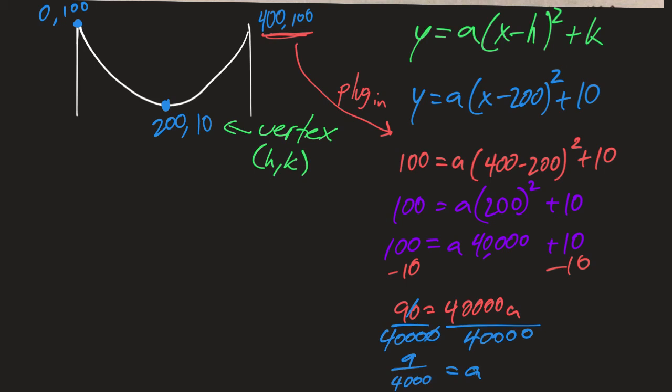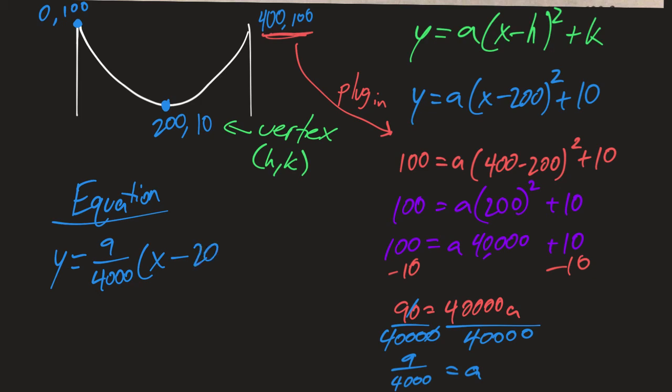Okay, so again, let's rewrite the equation with the a value in there. So here we go, y equals 9 over 4,000 times (x minus 200) squared plus 10. Now remember, we're not done with this equation just yet.